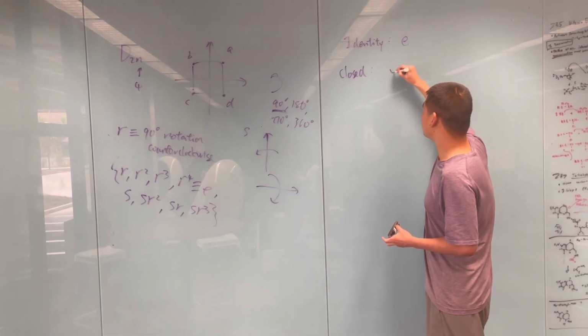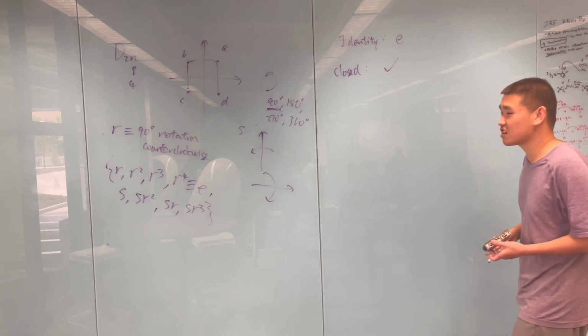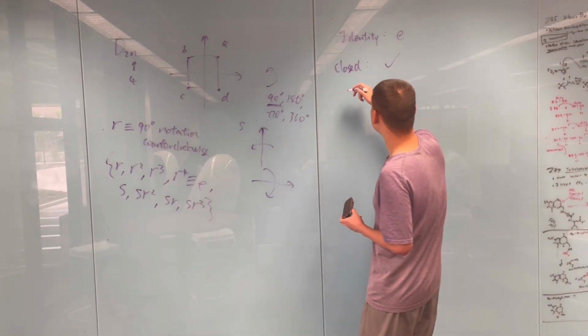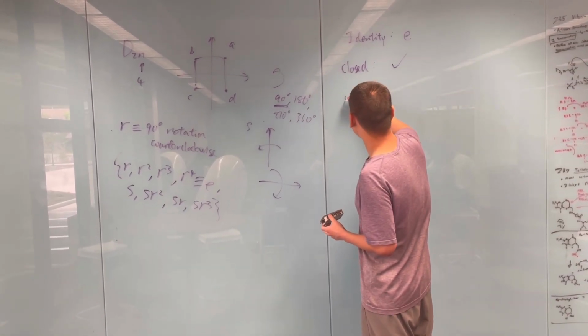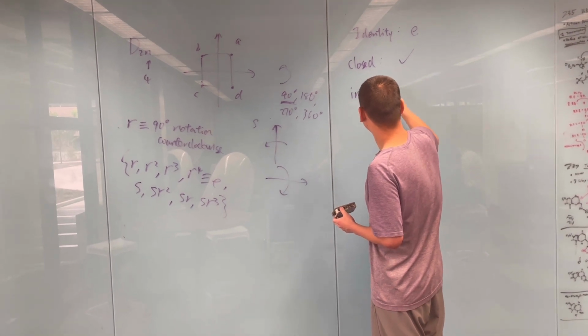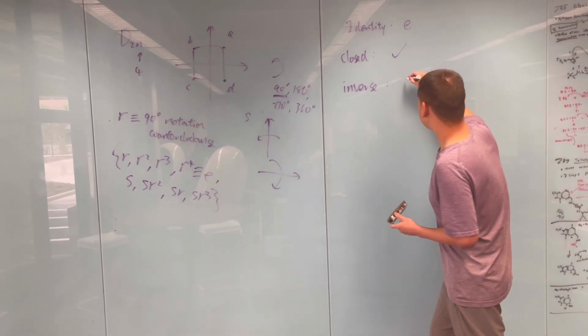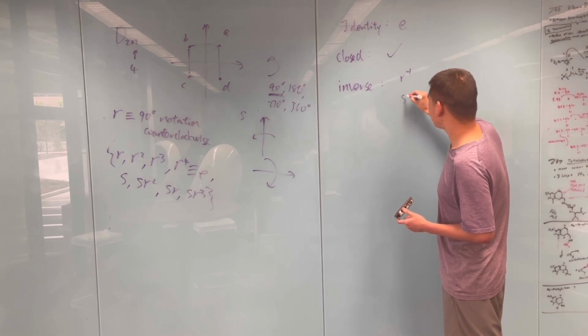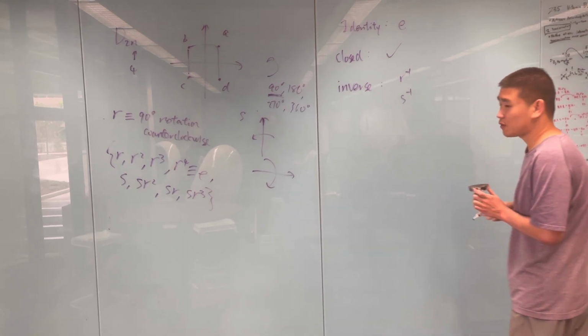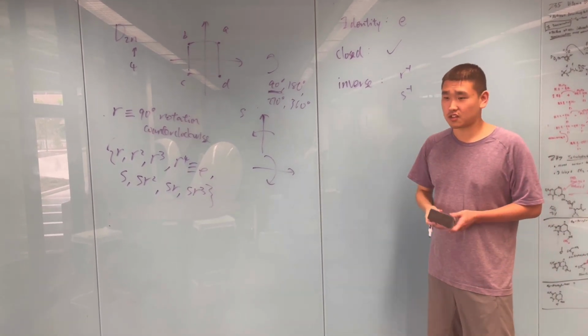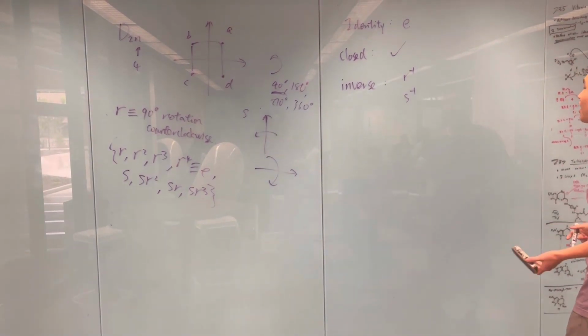So this is automatically true by our construction. We need inverses. In particular, we need R inverse and S inverse. And once we have those, we can just construct the inverse of everything else.